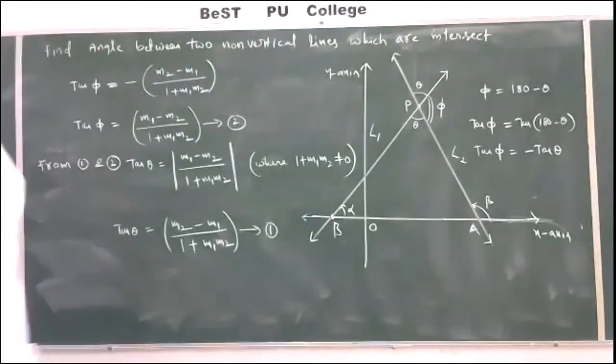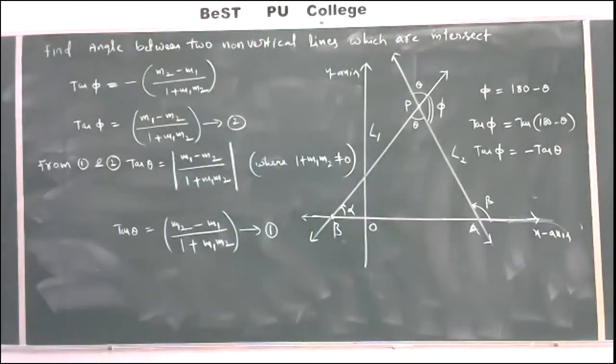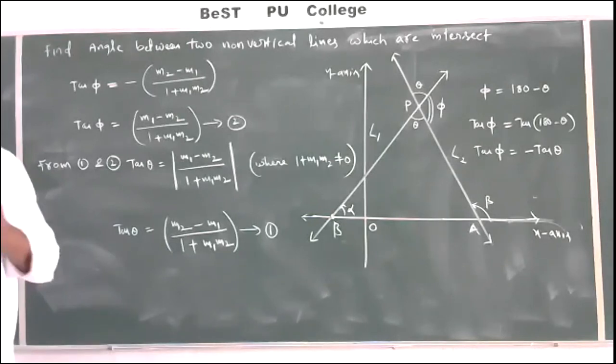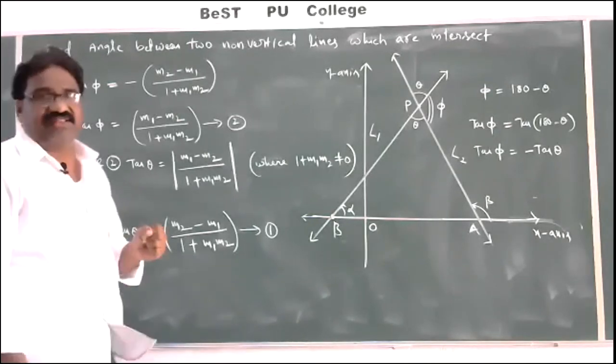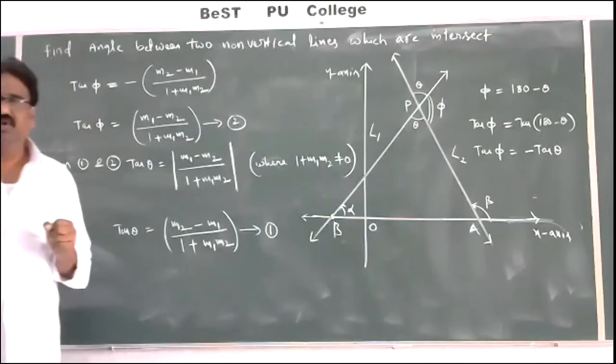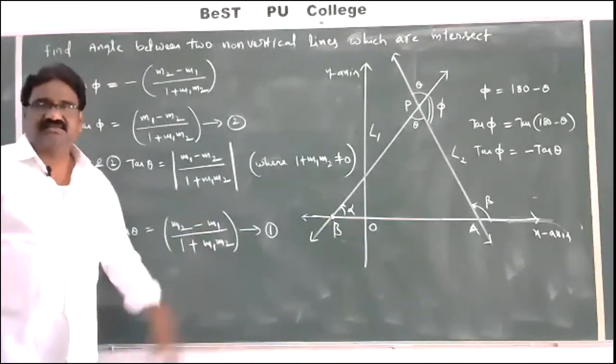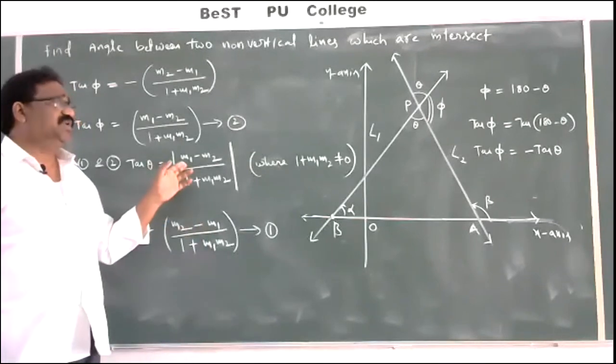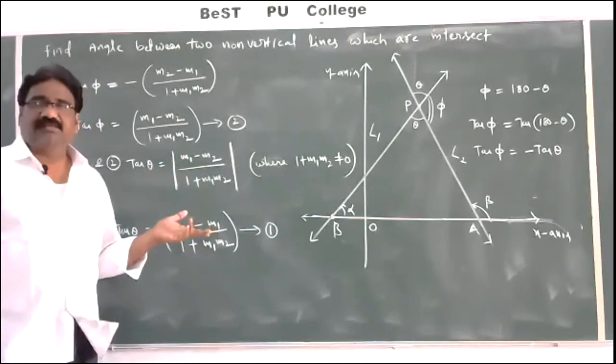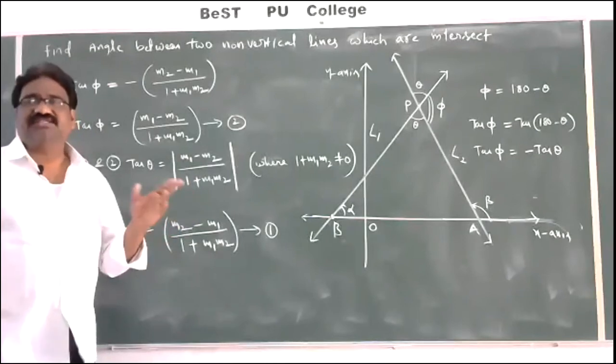If any two lines are intersecting, for the angle between the two lines, we get two angles. One is the acute angle between the two lines and another is the obtuse angle between the two lines. That's why we make mod. The formula is used like this. You can substitute here. For example, m1 is 5, m2 is 3 is given.